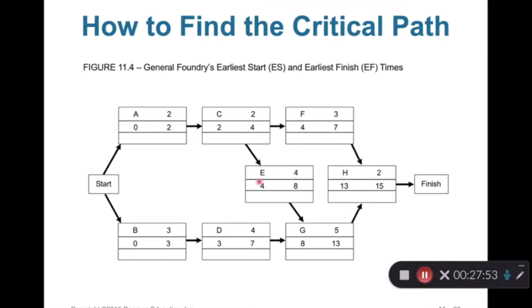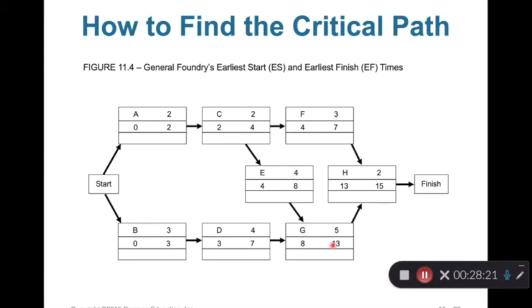Now, we know E and D are immediate predecessors to G, so we will look at their EFs. For E, its EF is 8. For D, its EF is 7. We should choose the maximum, the largest. Largest is 8. 8 plus 5, so this is 13.